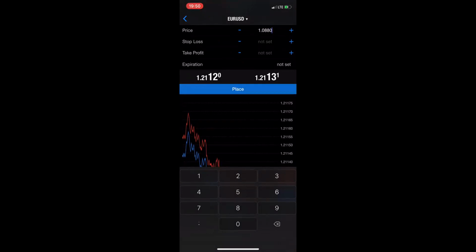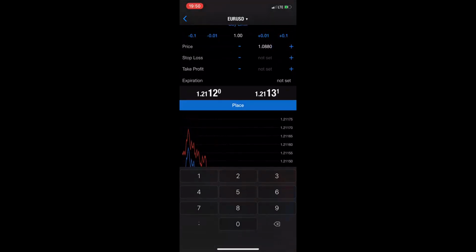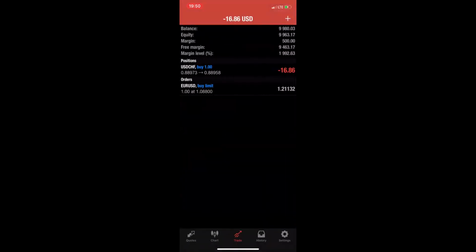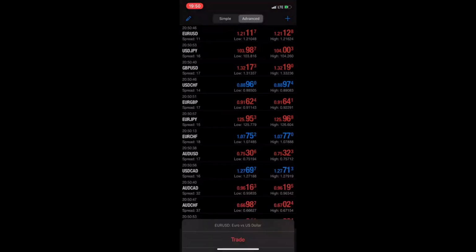Once you put in that price, you place it. The market price is 1.211. Automatically, once the market price gets to your price, it activates you in for a buy. If it doesn't get there, it will never activate you in for a buy.